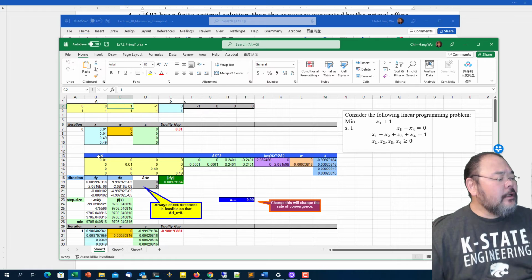Then I can go ahead and calculate the capital X diagonal equal to X, and the inverse of A times X squared times A transpose.